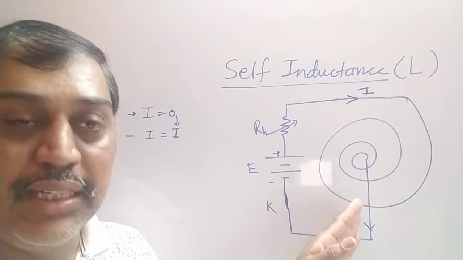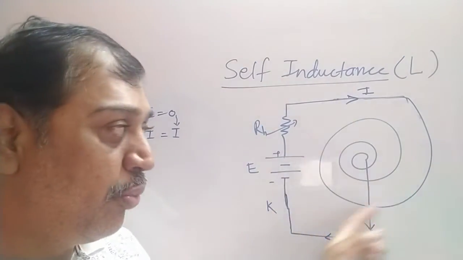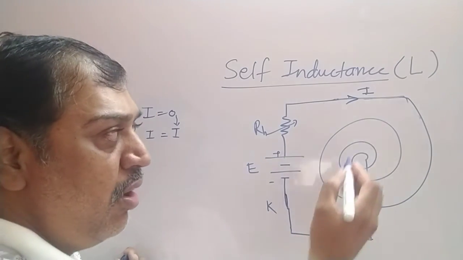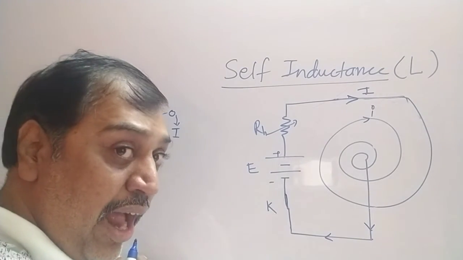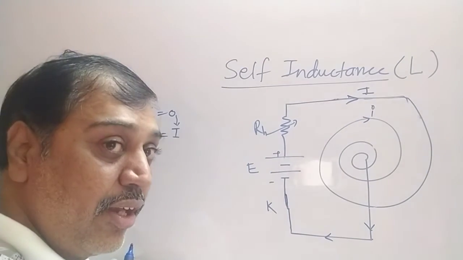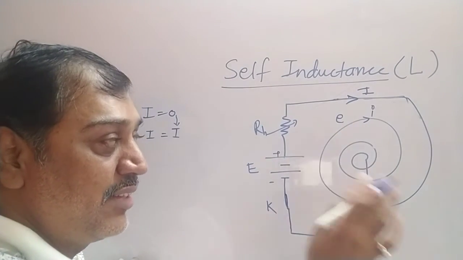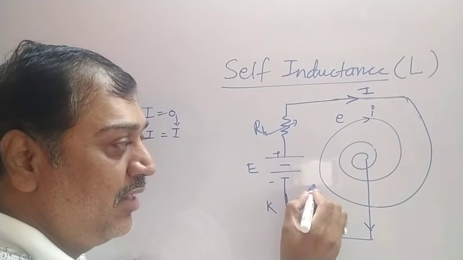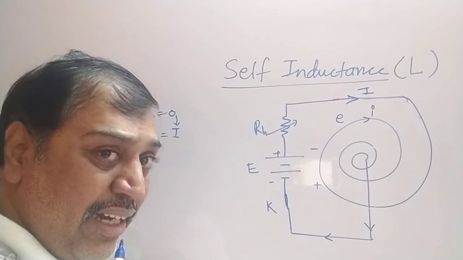According to Lenz, its direction is exactly opposite to this current. So this current is moving like this. Due to the changing magnetic flux, exactly opposite current gets induced, that is small i, the induced current, exactly opposite to this. And EMF is induced in the same coil whose polarities are positive here, negative here, exactly opposite to the battery eliminator.